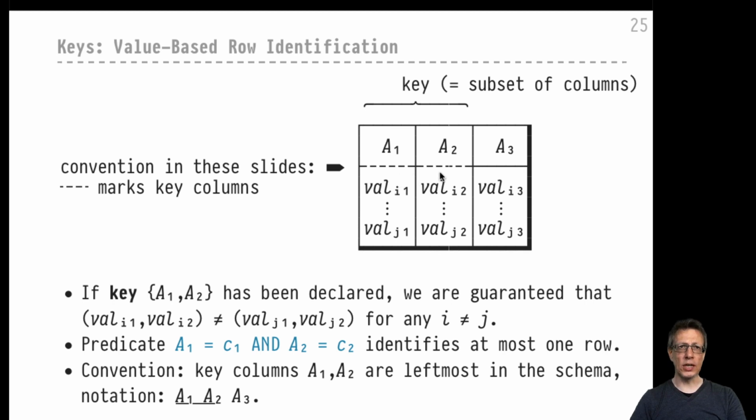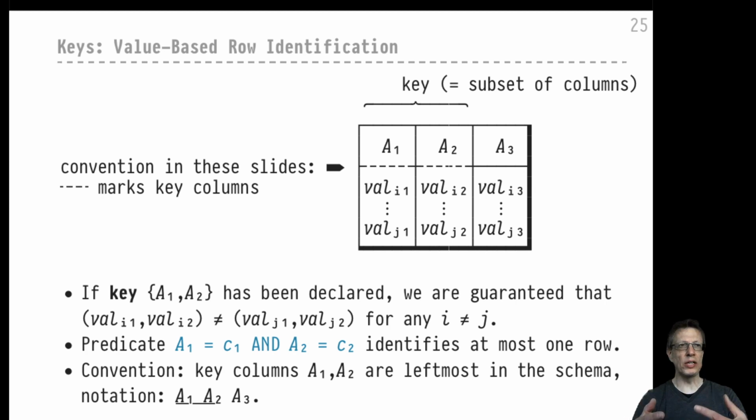Because this is the case, we can use A1, A2 pairs to identify single particular rows. No other row will share the same A1, A2 value, so we can use this pair of A1, A2 values of the particular types, tau1 and tau2, to identify particular rows. That can be used in applications and in queries to pinpoint particular rows. We will not use pointers or references or positions in tables.